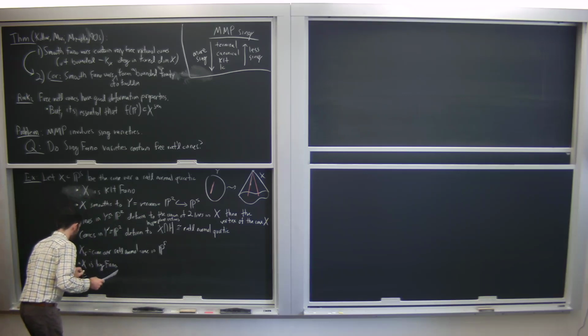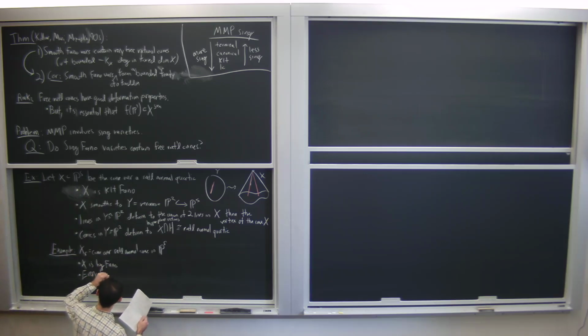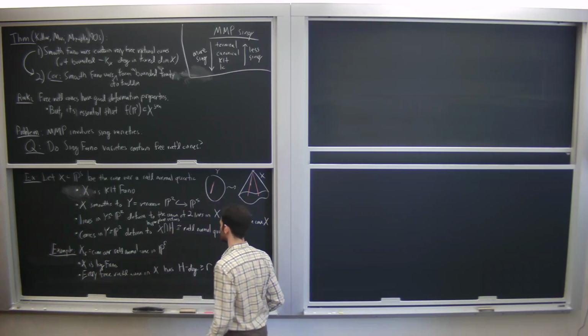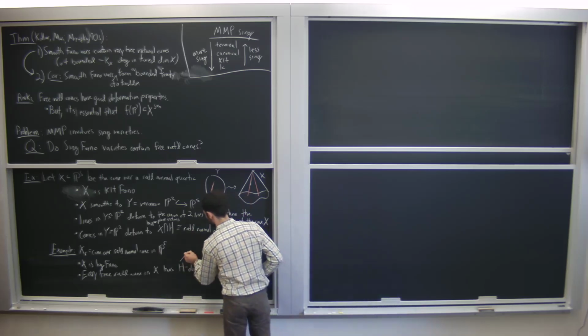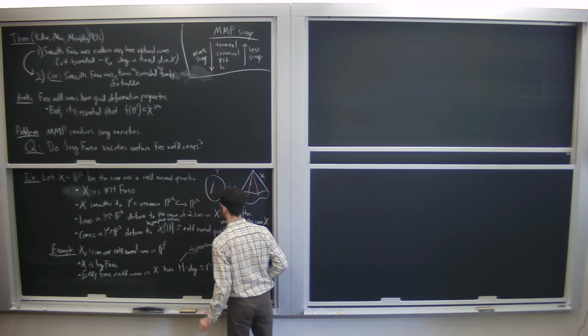But every free rational curve in X has H degree at least R. Right. So H is the hyperplane section. Okay.